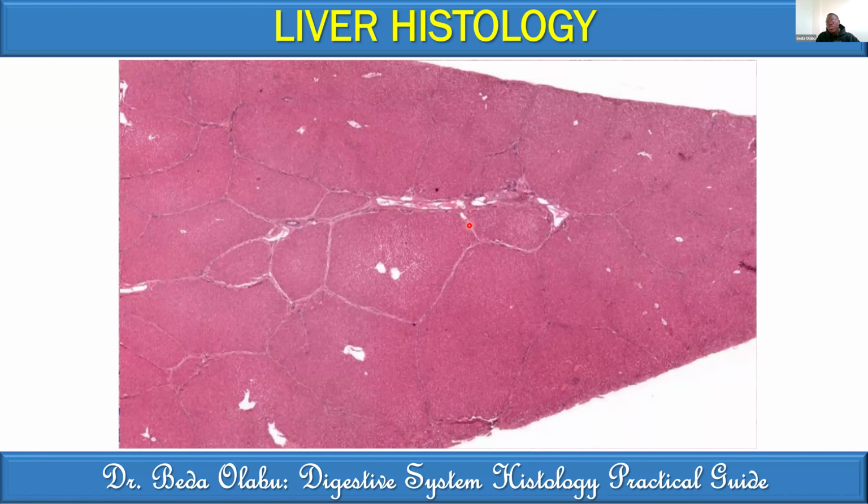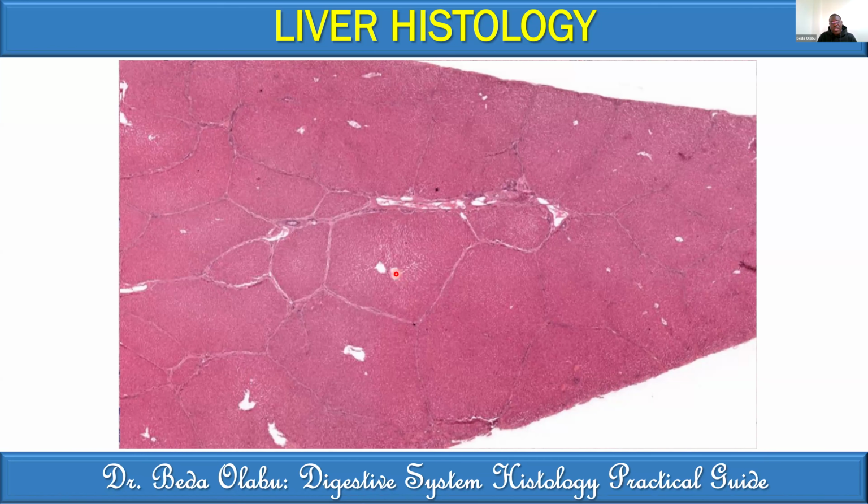Now, what do we pick from that arrangement? The lobules tend to be hexagonal, most of them, not all of them. That hexagonal lobular arrangement is a very important thing to pick for the liver, because one of the things that you're going to use to know that you're looking at the slide of the liver is when you see the hexagonal lobules of the liver.